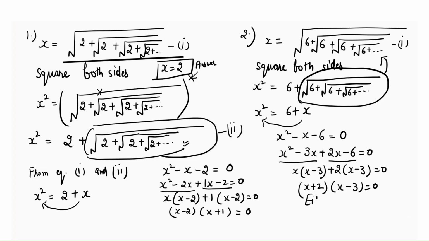We can say either x plus 2 is equal to 0, x is equal to negative 2, or x minus 3 is equal to 0, that means x is equal to 3. So we will reject the negative value, but the positive value we will take as the answer. So the value is x equals 3.